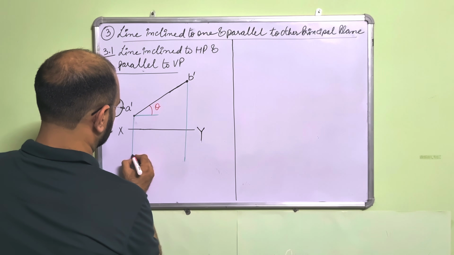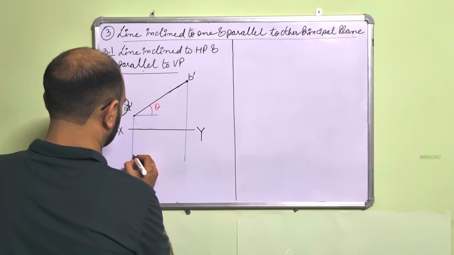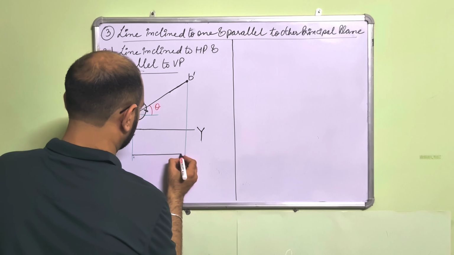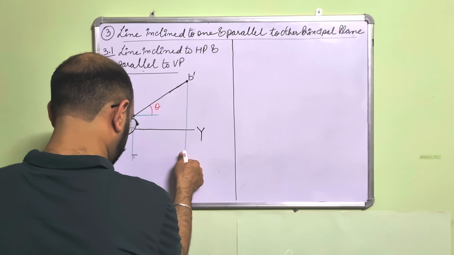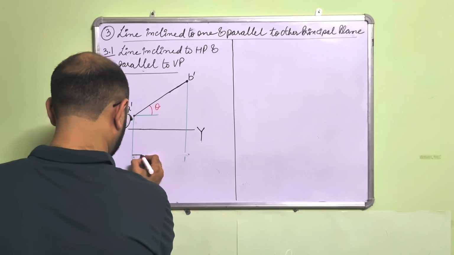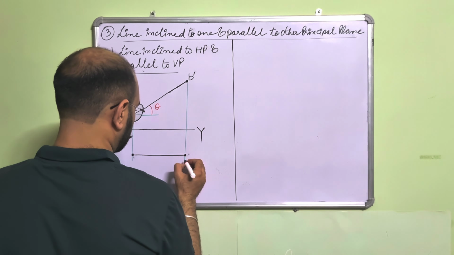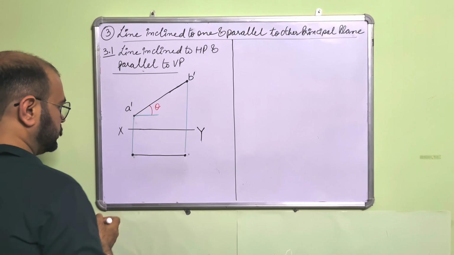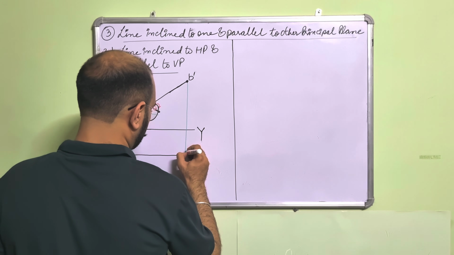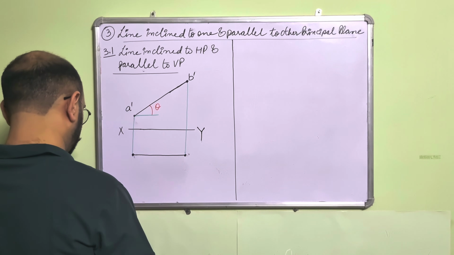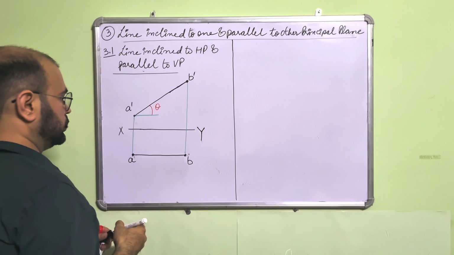So let us draw the top view. This is the top view. This will be small a, this will be b.